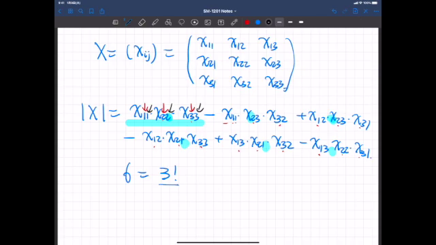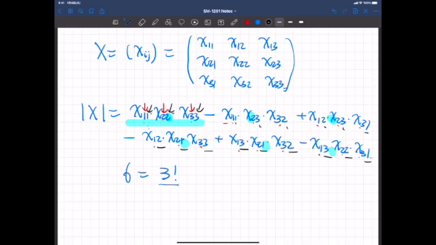In the second one, 1, 3, 2, 2, 3, 1, 2, 1, 3, 3, 1, 2, 3, 2, 1. And you can see that I have arranged it in such a way that the first index always appears in the order of 1, 2, 3, and the second index covers all possible permutations of the three numbers 1, 2, 3.